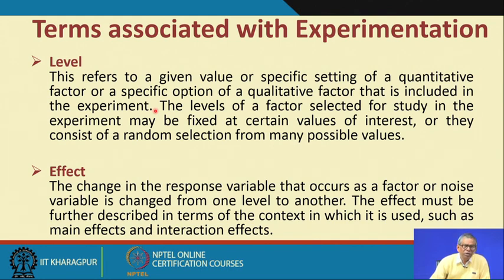The low value is one level and the high value is another level. Either you may define it subjectively, or you can define the levels quantitatively or objectively. So levels of a factor selected for study in the experiment may be fixed at certain values of interest, or they may consist of a random selection from many possible values. This is the point to be noted.